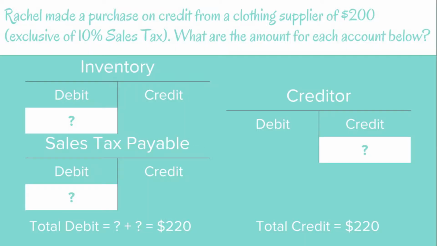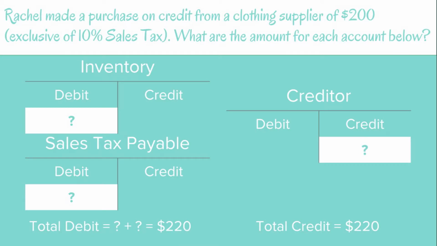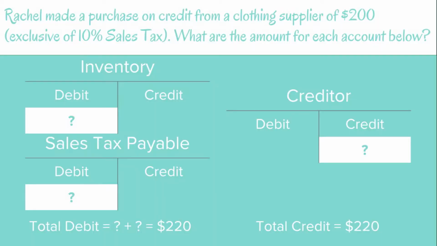Please calculate and let me know what is the amount in the inventory account, how much you should debit, and how much sales tax payable you should debit, which, a hint for you, is the 10% of $200. And then how much are you owing to your creditor account right now? How much should you credit to the creditor account? And make sure that your total debit and your total credit remain the same at $220. Write your answers in the comment section below.